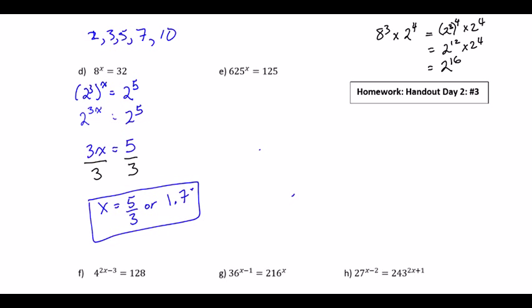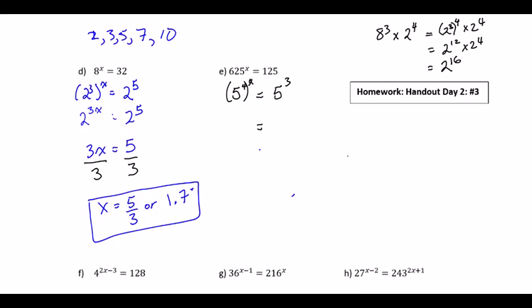Now, for the next problem we have here, we have 625 is equal to 125. Our big hint is the number 5 at the end, so we're going to use 5 as our base. So now we're going to have 5 to the 4 replacing 625, all raised to the x, and 125 is just 5 cubed.